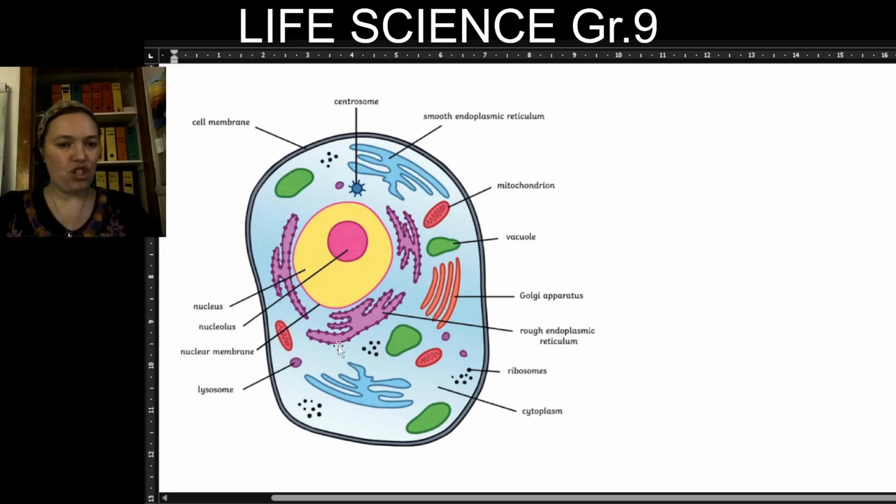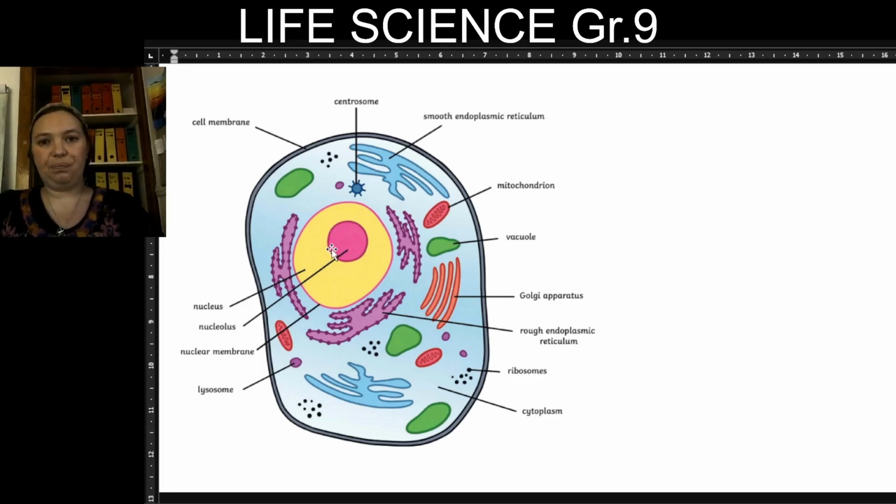So let's start here in the middle. In the middle of the cell, it doesn't physically have to be in the center, but it usually is, we've got the nucleus. In the nucleus, there's a smaller body called the nucleolus. So nucleus, big, nucleolus, the smaller one inside.